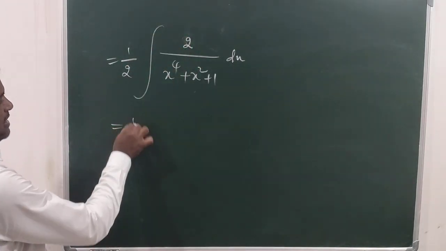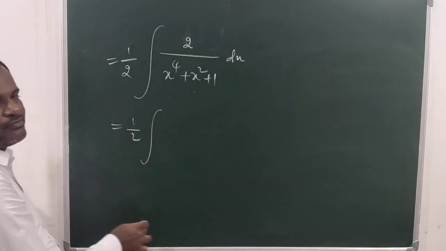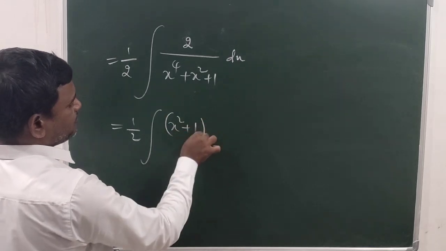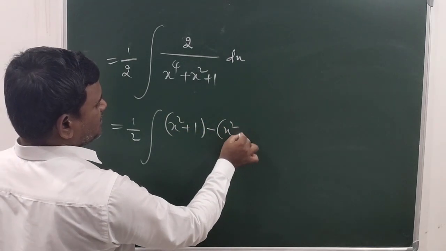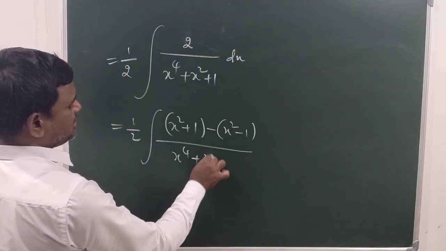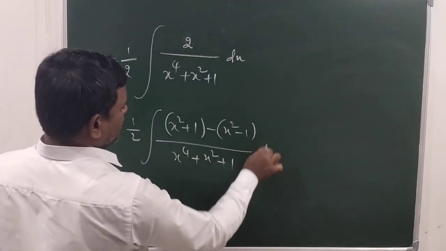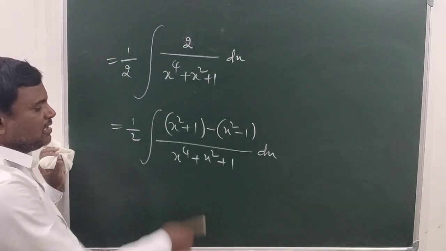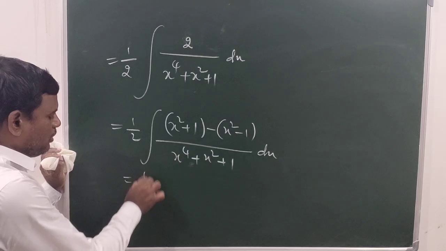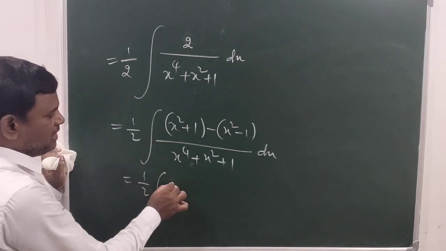In the numerator, x square plus 1 minus x square minus 1, over x to the power of 4 plus x square plus 1 dx. Here they may give you plus or minus. In the next step, you have to separate this by this.